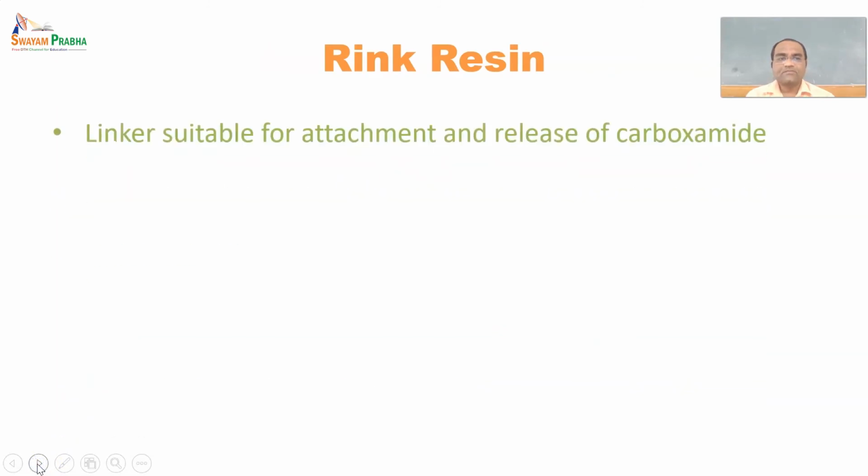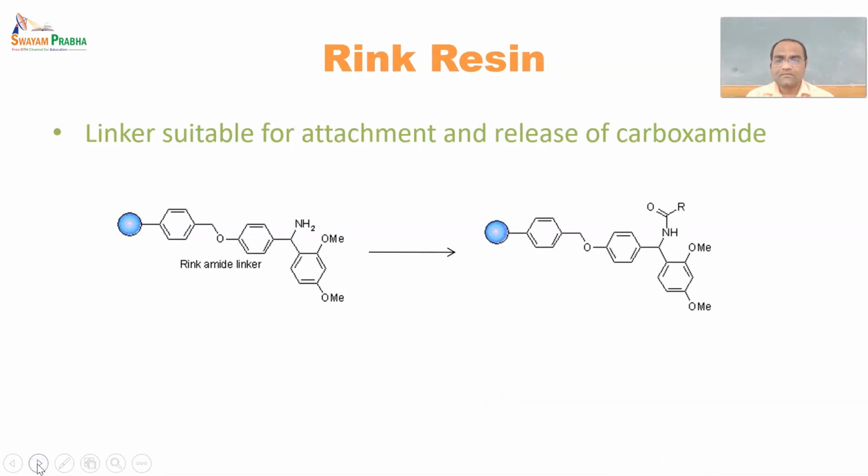After that, the next linker is the Rink resin linker, suitable for attachment and release of carboxamide. So here it can be seen that this linker gets attached to an acid, and it forms an amide, a carboxamide.